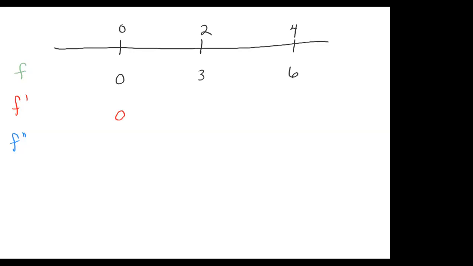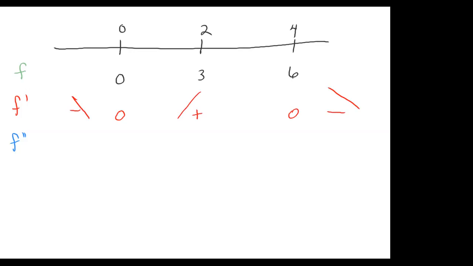At 4, the second derivative is 0. I know that for x in between 0 and 4, the first derivative is positive. I know that for x less than 0 and greater than 4, the first derivative is negative, excuse me. So the graph is going down here, the graph is going up here, and the graph is going down here.